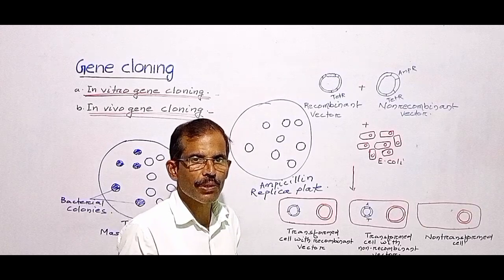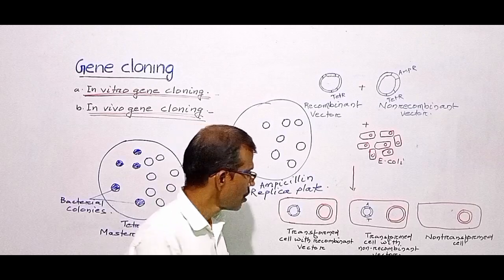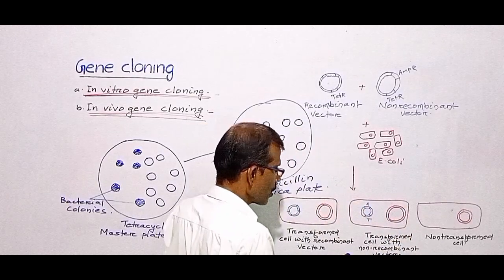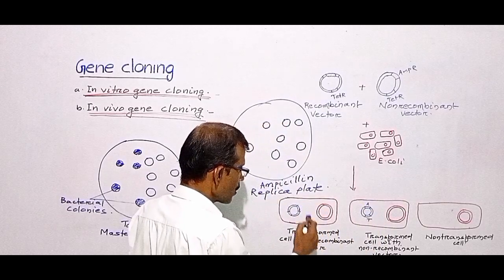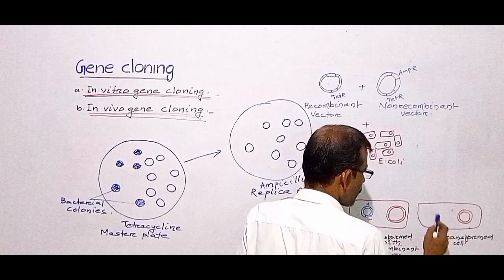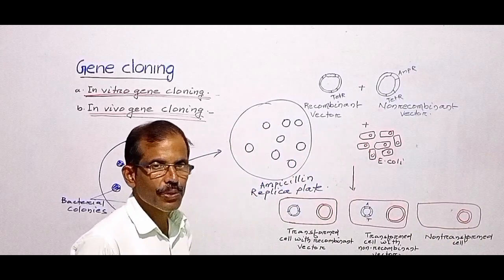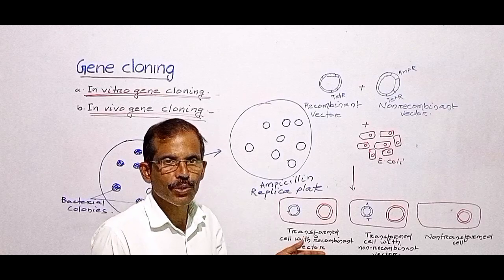During incubation, transformation takes place, as a result of which some of the E. coli cells get transformed with the non-recombinant vector, some with the recombinant vector, and other E. coli cells remain non-transformed.